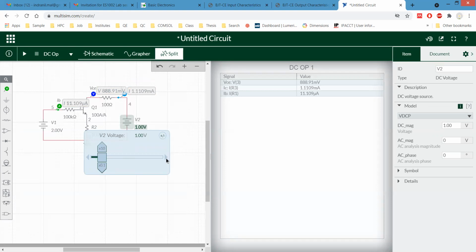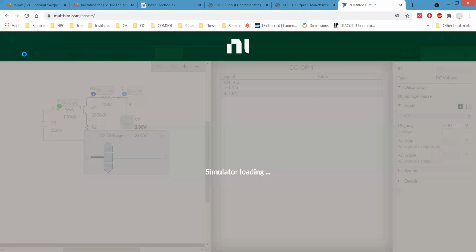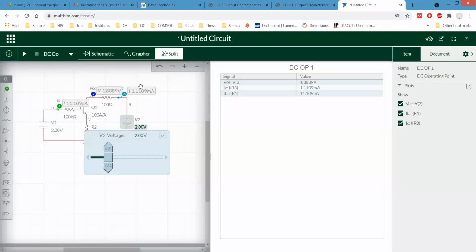Now let's change the value in this fashion. 1 volt, let's say 3 volt. Okay, 2 volt. For 2 volt, what is the VC? VC value is 1.889. Again, the IC is 11. Okay, noted.